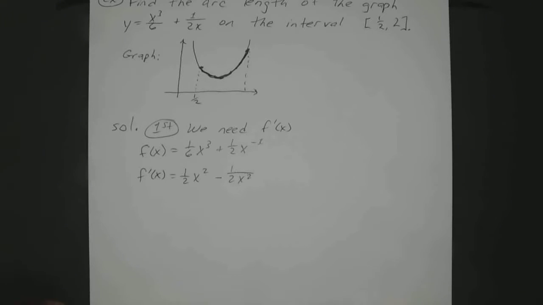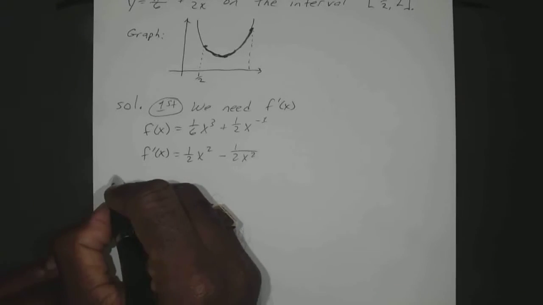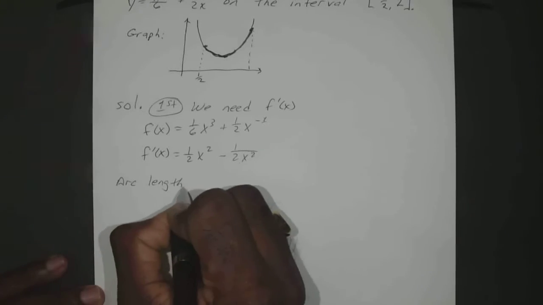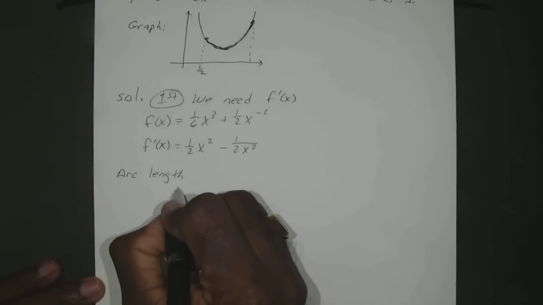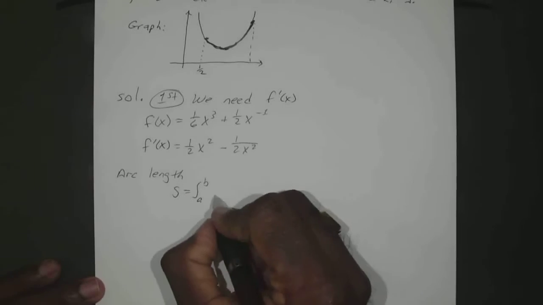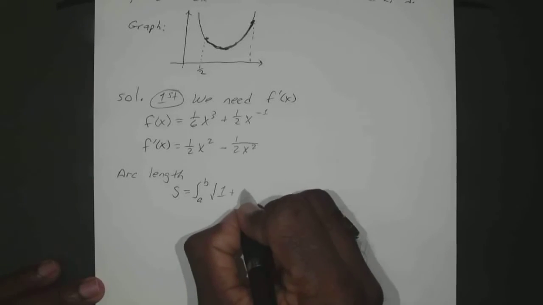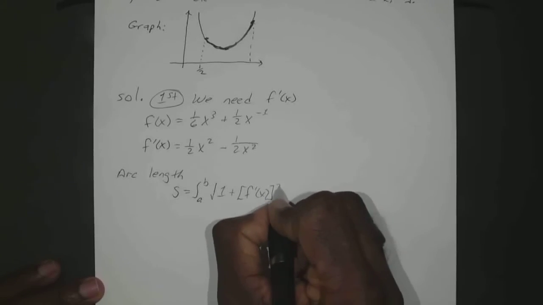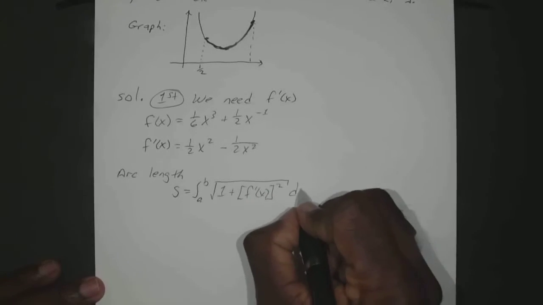Okay, so once we have our f prime of x, we just plug it into our arc length formula. The integral from a to b, square root of 1 plus f prime of x squared dx.